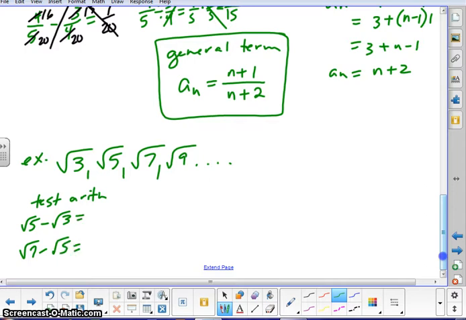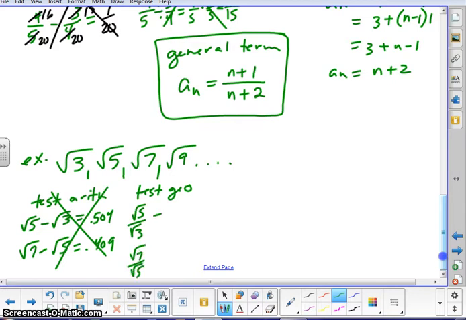If you plug those in your calculator, you end up with like 0.504, and this one's 0.409, so it can't be arithmetic. And then the test for geometric would be square root of 5 divided by square root of 3 and square root of 7 divided by square root of 5. And for both of these, you get 1.29 and you get 1.18. So it cannot be a geometric.